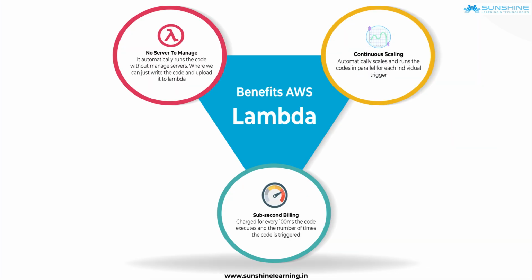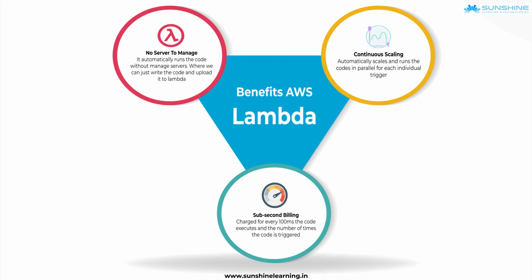What are the benefits of using AWS Lambda? One of the benefits is no server to manage. It automatically runs the code without managing a server, where we can just write the code, upload it to Lambda, and then trigger it. Continuous scaling: it automatically scales and runs the code in parallel for each individual trigger.